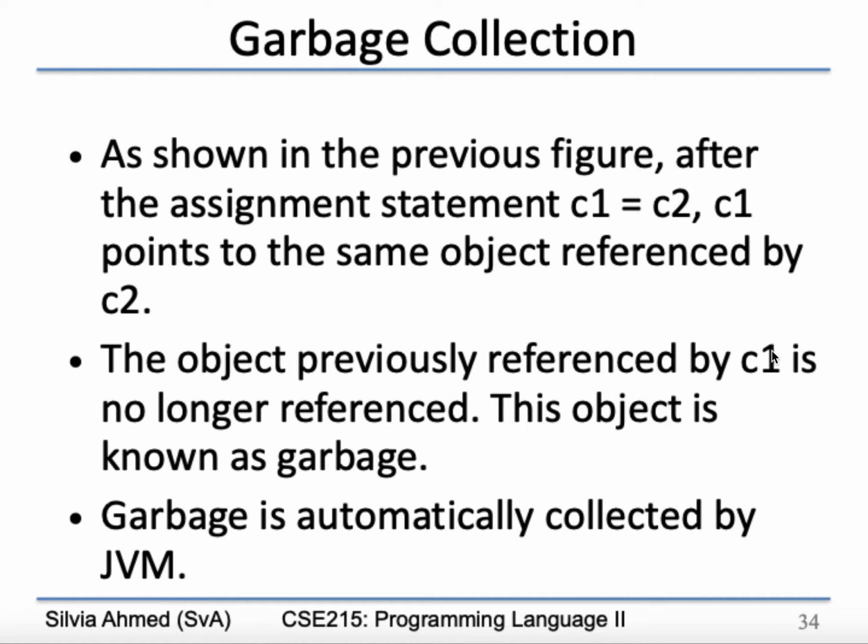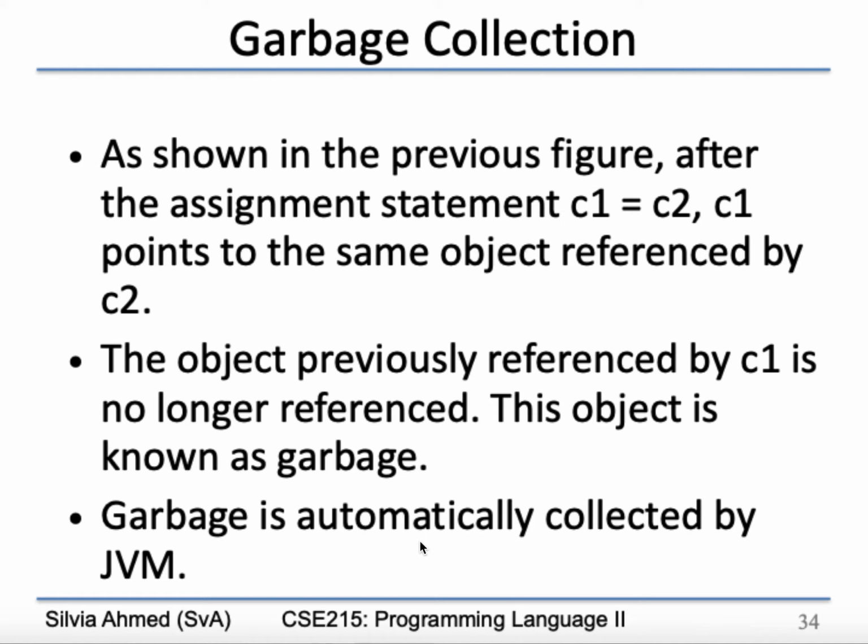That means we have no reference to that object, and that object is now known as garbage. In programming languages like C++ or C, this type of garbage is not collected automatically. The programmer needs to free up those spaces separately. But in Java, this garbage is automatically collected by the JVM.